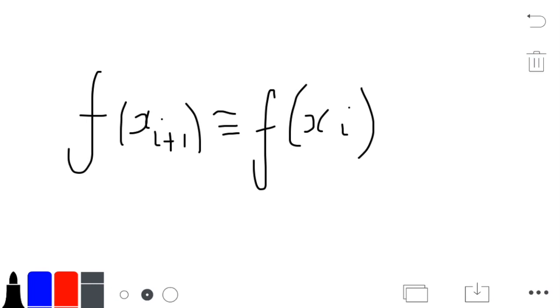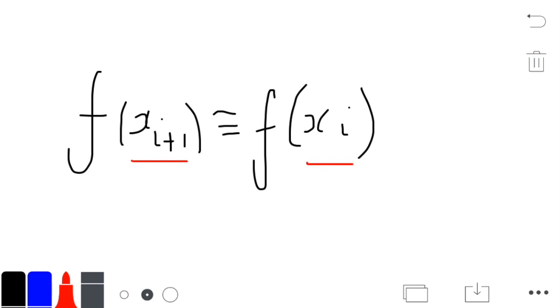And this indicates that the function at the next point, x of i plus 1, actually depends on the function value at the point xi. In other words, that they are the same.